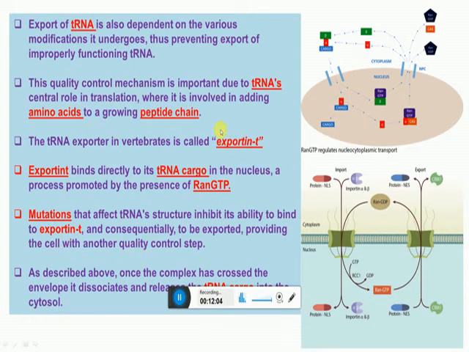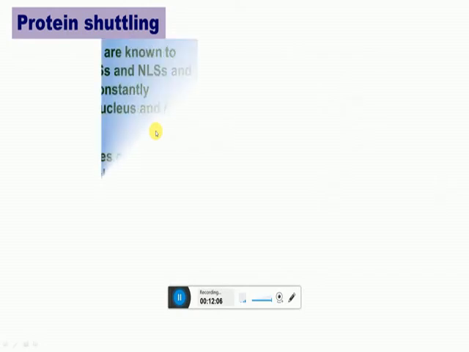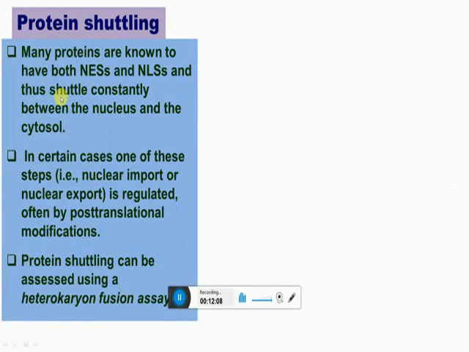So this thing happens in the exportin. Protein shuttling, although it is not in the syllabus, is part of this. Many proteins are known to have both NES and NLS, a nuclear localization signal and a nuclear export signal, and thus shuttle constantly between the nucleus and cytoplasm or cytosol.